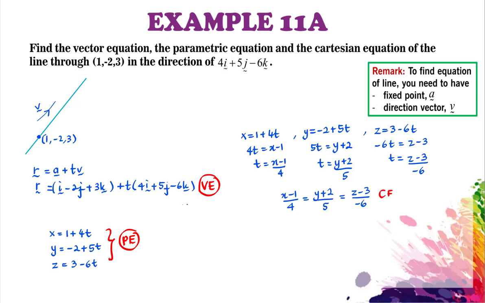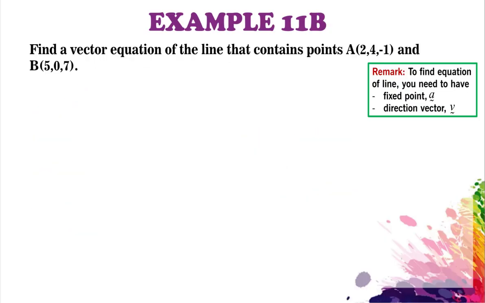Okay, so let's move to 11b. Find a vector equation of the line that contains point A and point B. So we have two points on the line. For the equation of a line, we need a fixed point and a direction vector. To find the direction vector, it's going to be equal to AB, since V is parallel to AB.